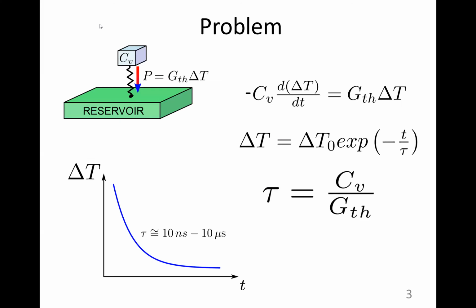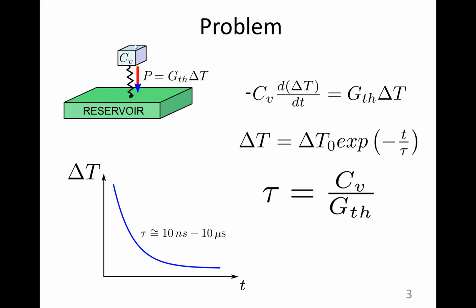And to give you a simple example, I draw here a system consisting of a subsystem with heat capacity, call it CV, and a reservoir with infinite capacity, so you cannot change the temperature of this reservoir. They are linked by some thermal interaction that provides the possibility of cooling or heating our small subsystem.